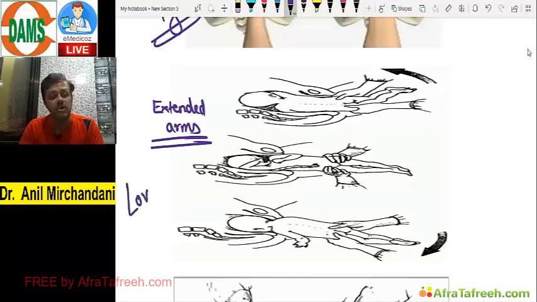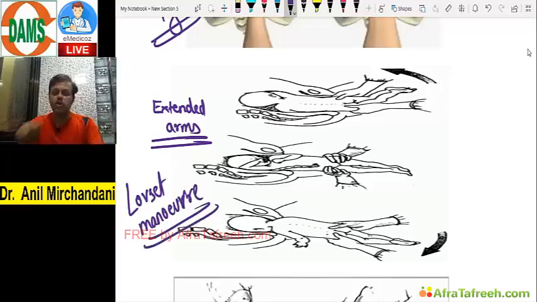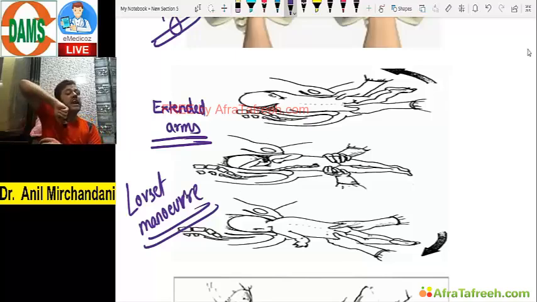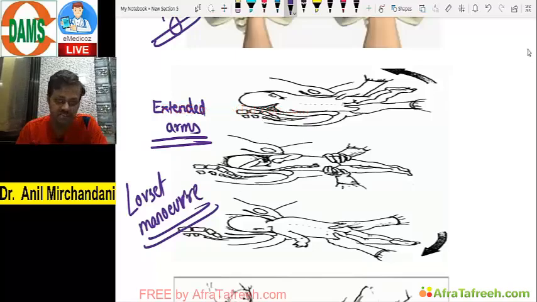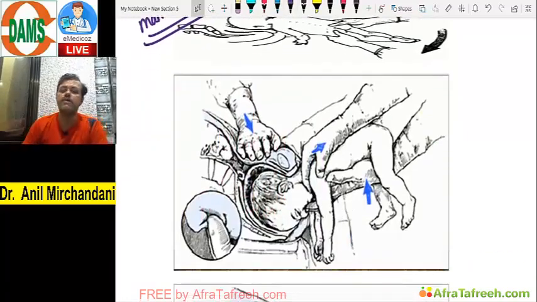This is called the Lovset maneuver. Lovset maneuver, extended arms. Hold the baby, rotate the baby by 180 degrees. The extended arm would come into the pelvis. One more rotation and the arm would get released. Yeah, Lovset maneuver.